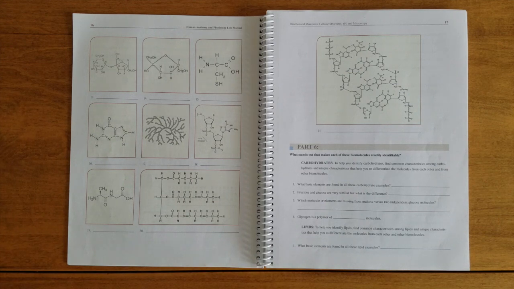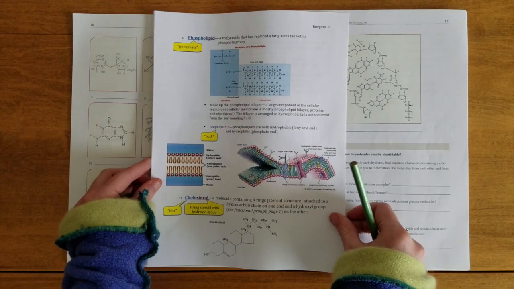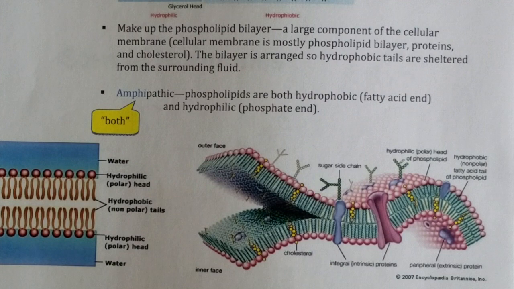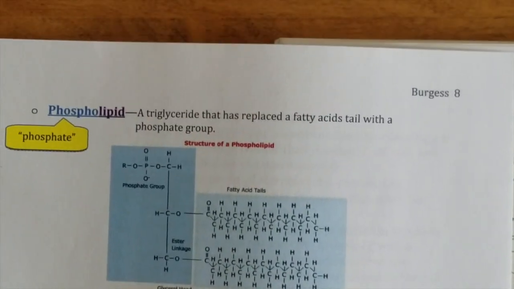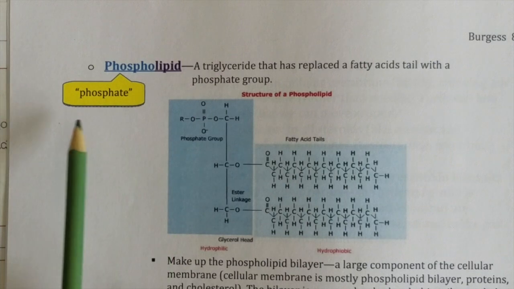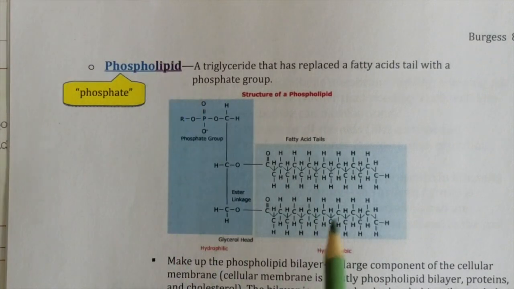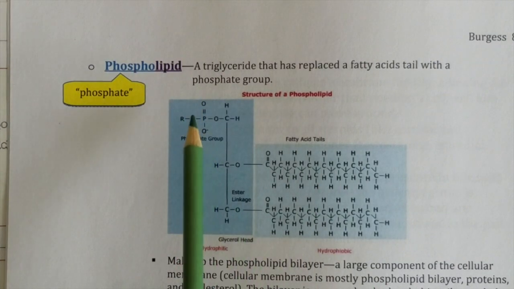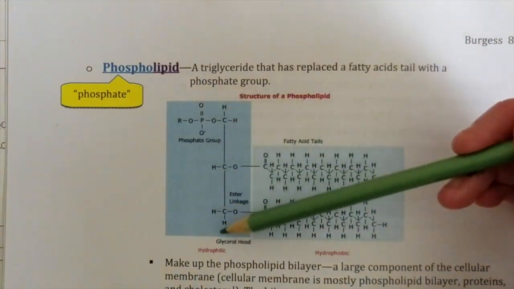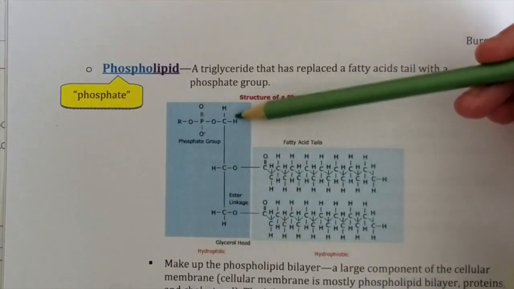The next kind of lipid we're going to talk about is the phospholipid. So a phospholipid is basically a modified triglyceride, but it contains a phosphate group, hence the name phospholipid. I like this image because it shows you each of the groups here. So here is our glycerol, just like in our triglycerides.